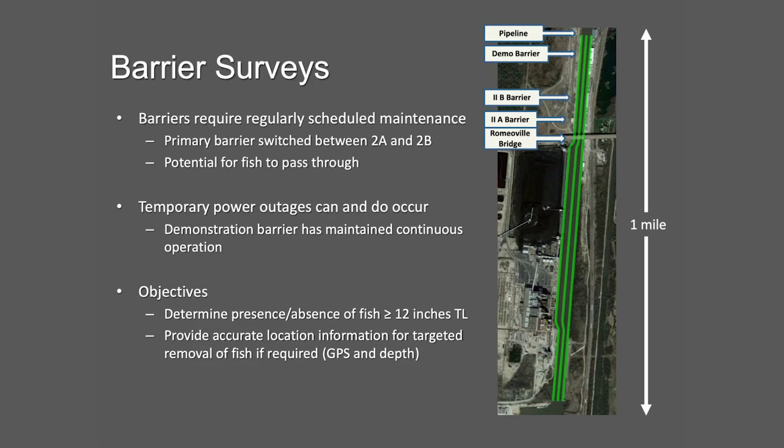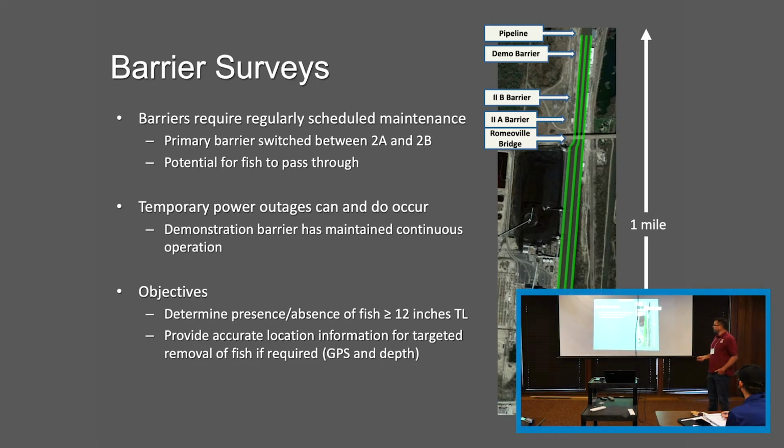This is about a mile-long stretch of river, and these barriers require regularly scheduled maintenance where we have to turn things off. But again, the redundancy is good, so we can switch things back and forth. But there's kind of a space in between these barriers where, if you did it in the right order, you could possibly send fish on their way.